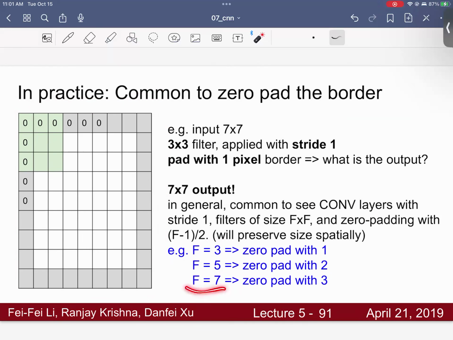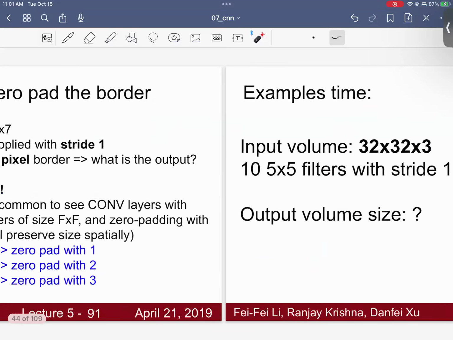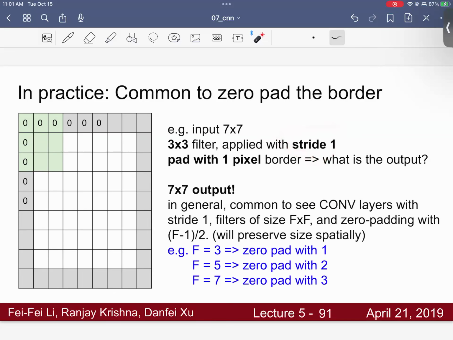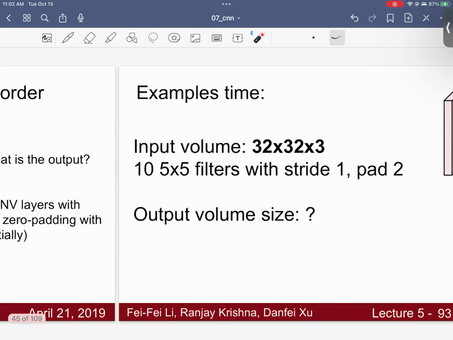If you use a 7 by 7 filter, you need 3 pads, and so on and so forth. Same goes with stride. If you want to use stride 2, you need more pads as well. So using padding, you can always have your spatial dimensionality preserved as you move up the convolution operations, right?